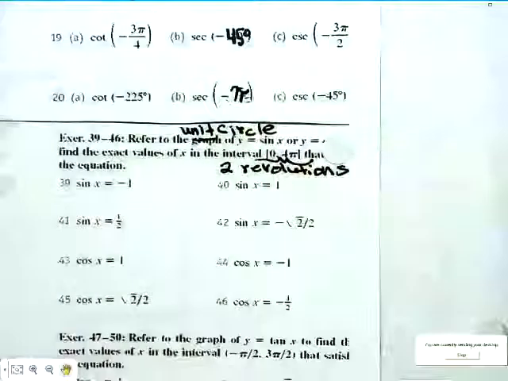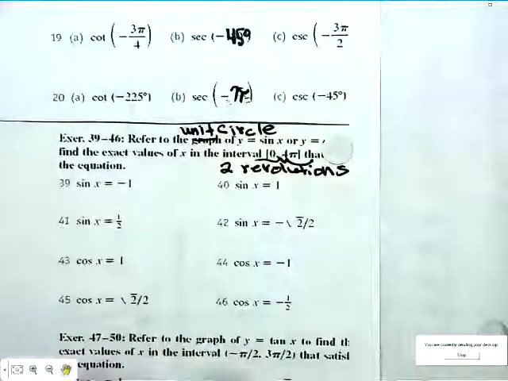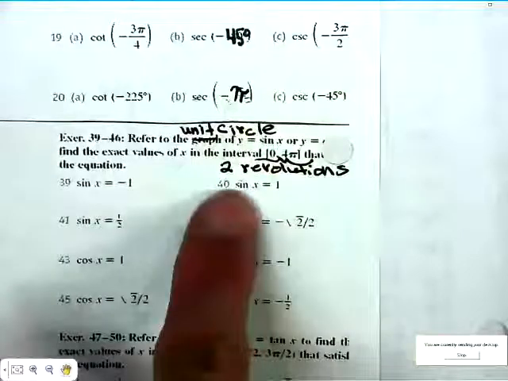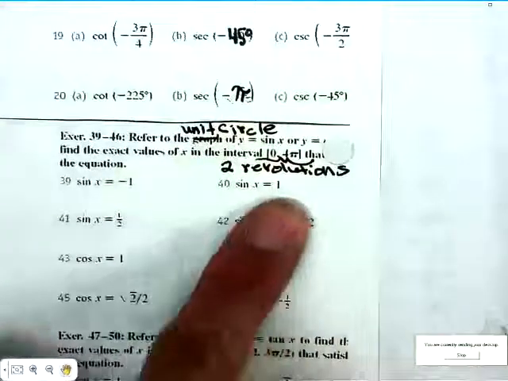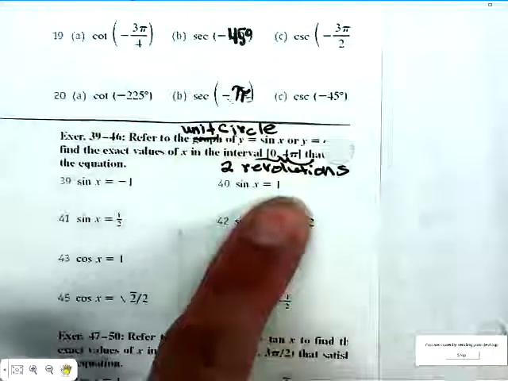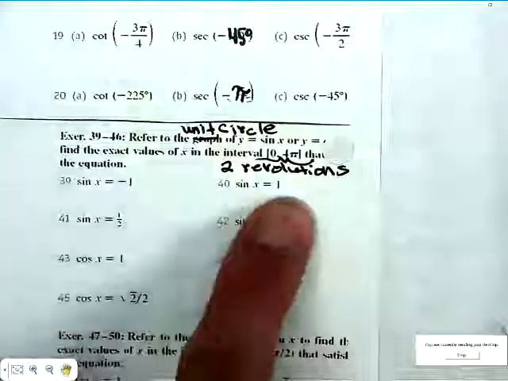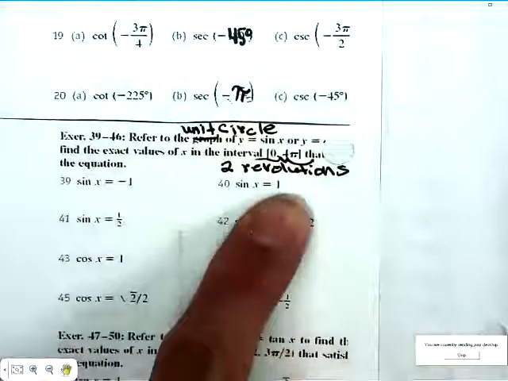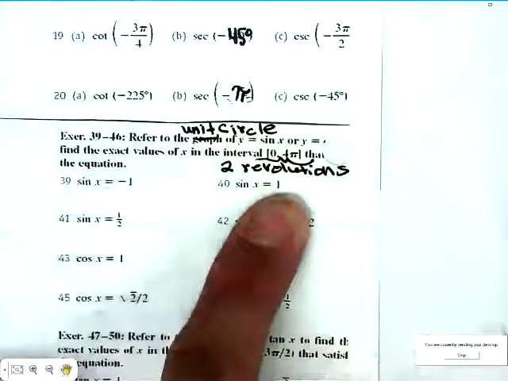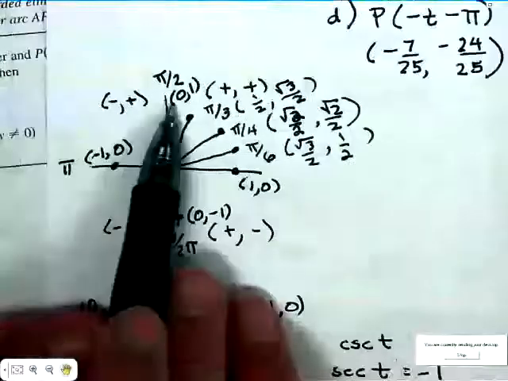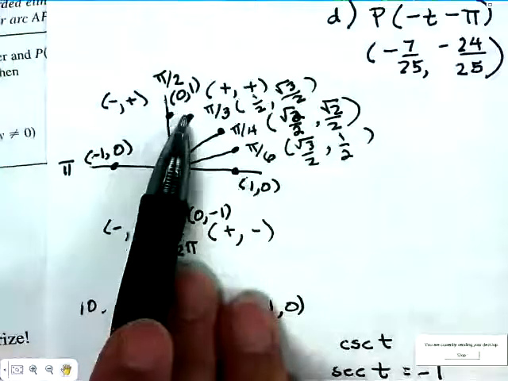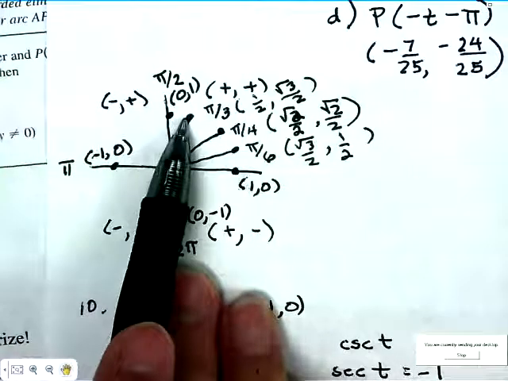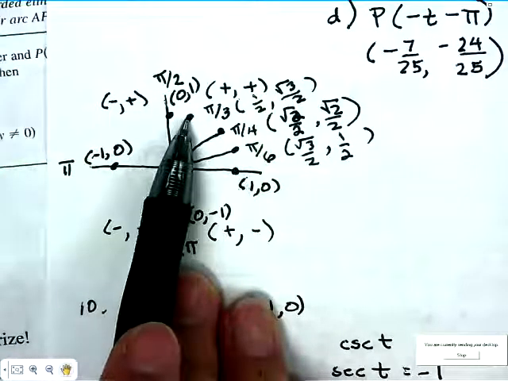In 2 complete revolutions of the unit circle, we're going to find the angles where sine is 1. Now, is the sine 1 on the x-axis or on the y-axis? The y-axis. Sine is 1 right here. And how many times in one revolution of the unit circle is that y-coordinate going to be positive 1?